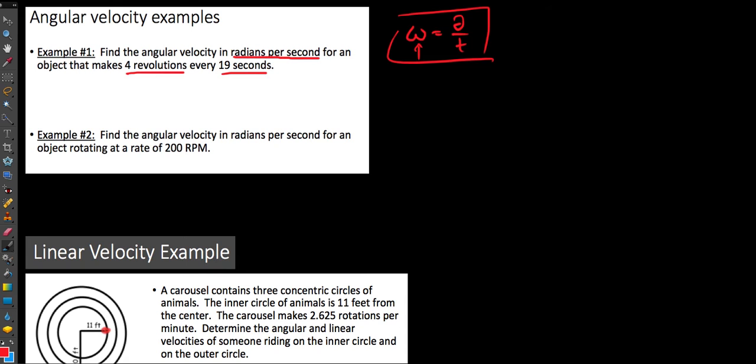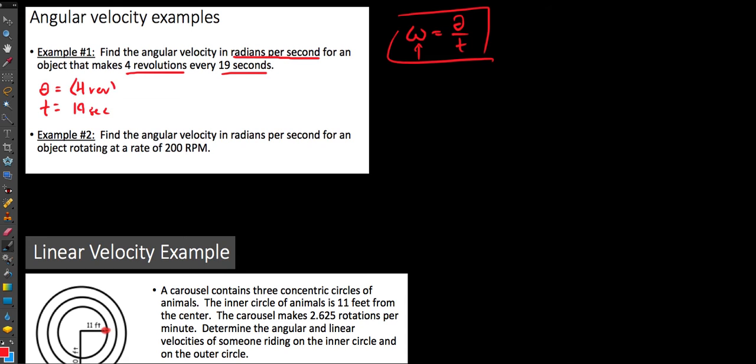My number one recommendation for anybody doing these types of problems is to write down the information you need first. So I'm going to write down my angle, 4 revolutions, and my time, 19 seconds. We put our 4 revolutions over 19 seconds, but remember that our angle theta has to be in radians.